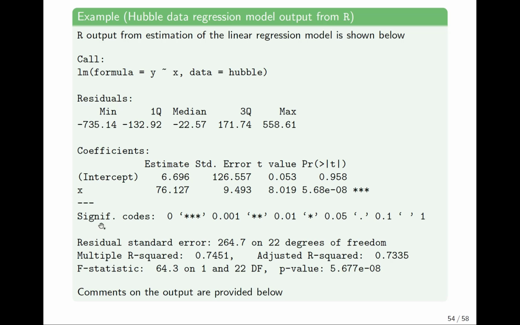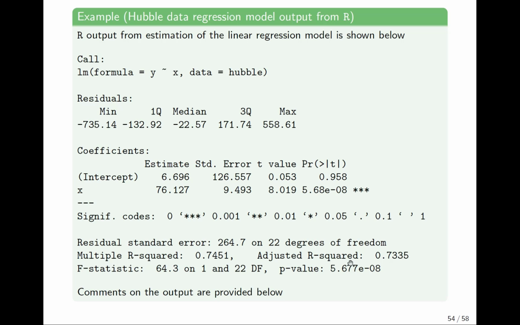Okay, next in the regression output, we have the residual standard error, 264 on 22 degrees of freedom. Remember, residual standard error only has meaning in relation to the actual units of y, and in this case it indicates that the regression model predicts galaxies' relative velocity with an average error of 264.7 in units of y.